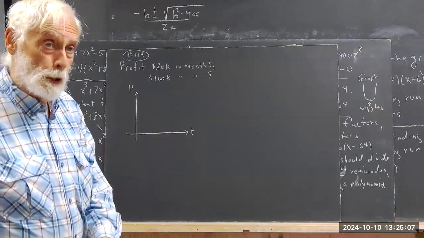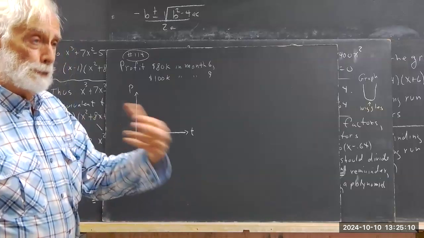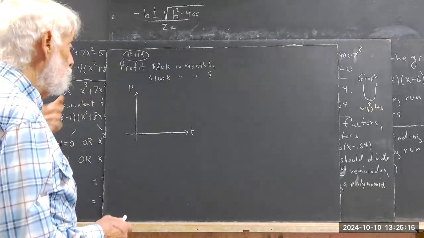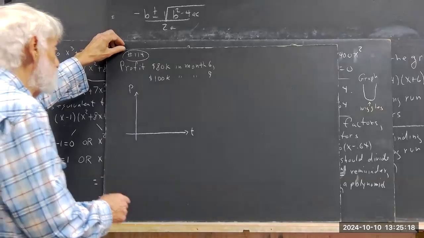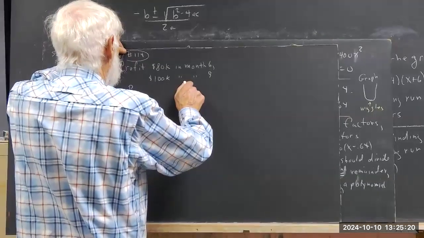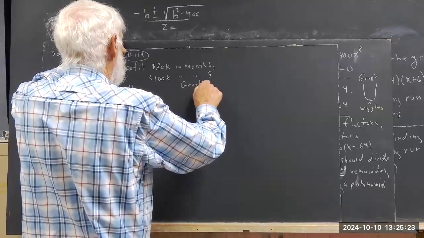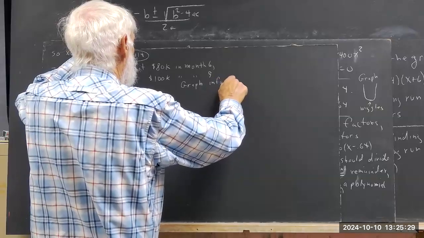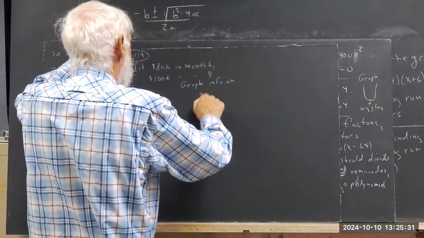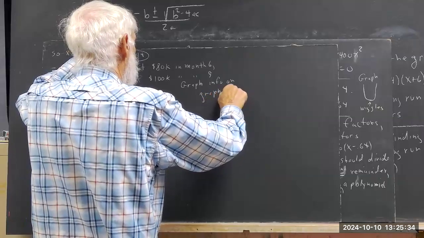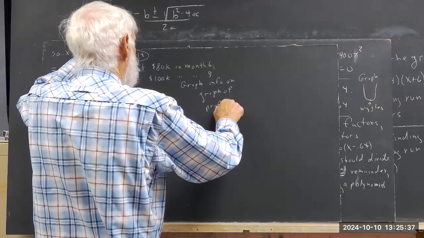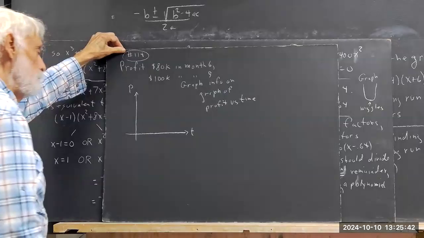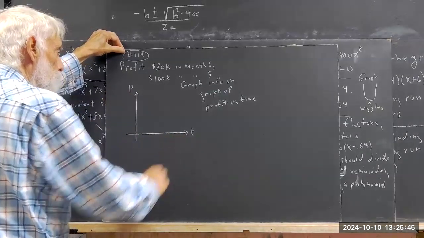And then I even prompt you, and I won't always prompt you, but on this test I certainly will, okay, to do this on a graph of profit versus time.